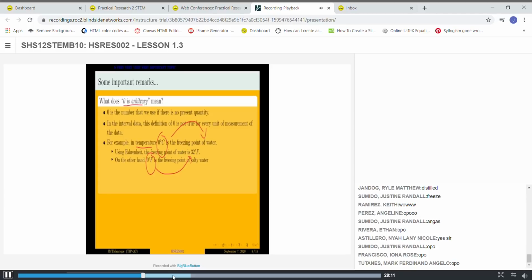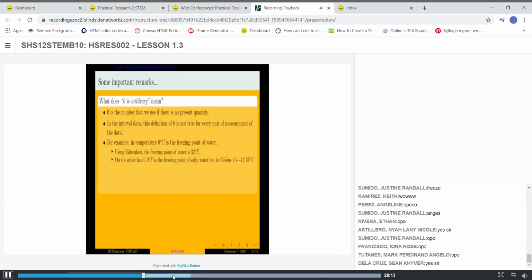Now, sa ratio, anong ibig sabihin ng zero? One example of ratio data is height. Pag sinabing zero sa height, at using any unit of measurement, mapa centimeter or kilometer or inches or foot, basta pag sinabing zero, ibig sabihin walang height yung object mo.